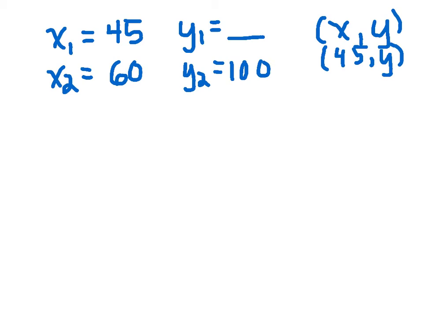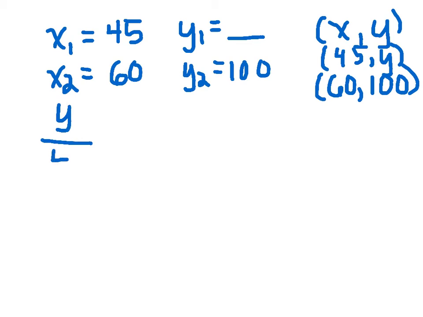So that just means I've got another ordered pair of 60 and 100. And we know that any y divided by its x is equal to the same thing. So if I start out with the y I'm looking for, divided by its x, which is 45, that's got to equal the other y that I have divided by its x.